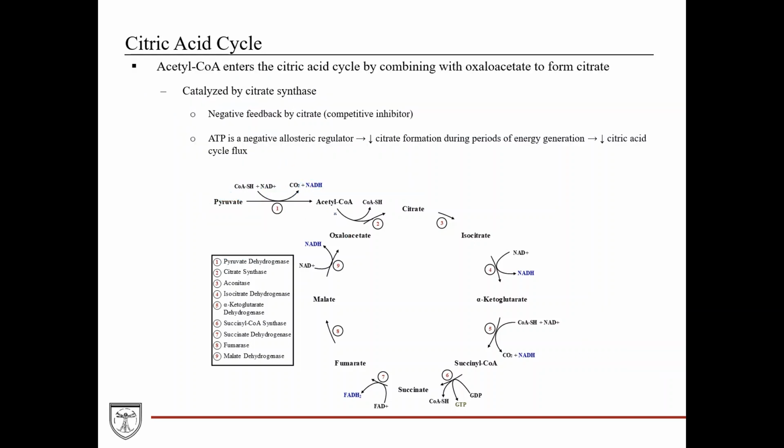So you have acetyl-CoA, you've synthesized that, and then it enters the citric acid cycle by combining with oxaloacetate, and that forms citrate. And this reaction is catalyzed by citrate synthase. Now, citrate synthase receives negative feedback from citrate, a competitive inhibitor, which means it binds at the active site of the enzyme. So it comes back and inhibits citrate synthase.